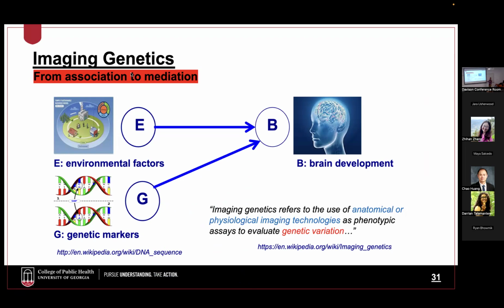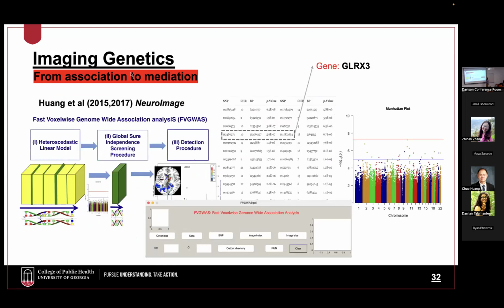We use imaging phenotypes extracted from our brain imaging, and we treat them as phenotypes. We want to find the genetic variations associated with some disease. Okay.